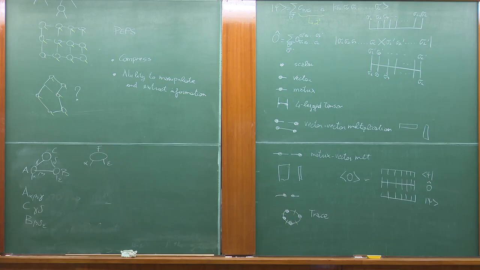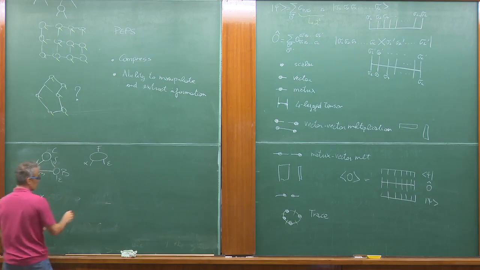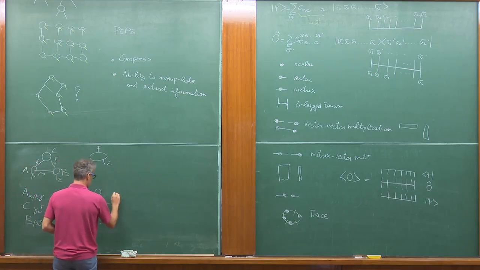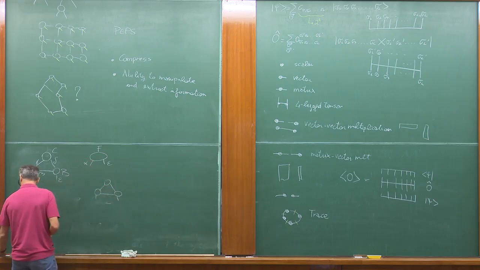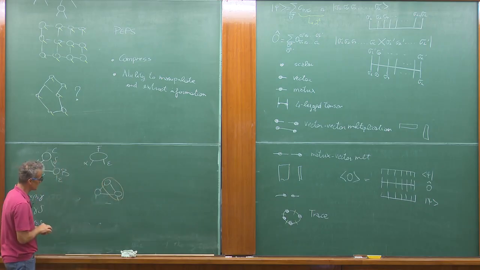But I need to do this contraction, and I can choose to do this in different ways. I will show you two examples here. The first one is, okay, let me draw it again. I will just contract this first.